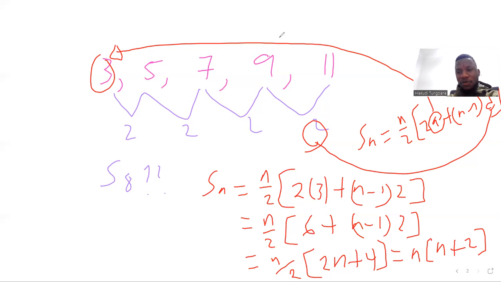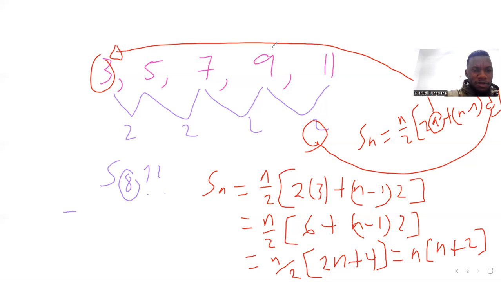So now since you've derived the Sn formula, the question asks us to determine S8, right? So how are we going to get S8? To determine S8, we need to substitute 8, which is n, in the formula, and then we determine the sum of the first 8 terms in this sequence.